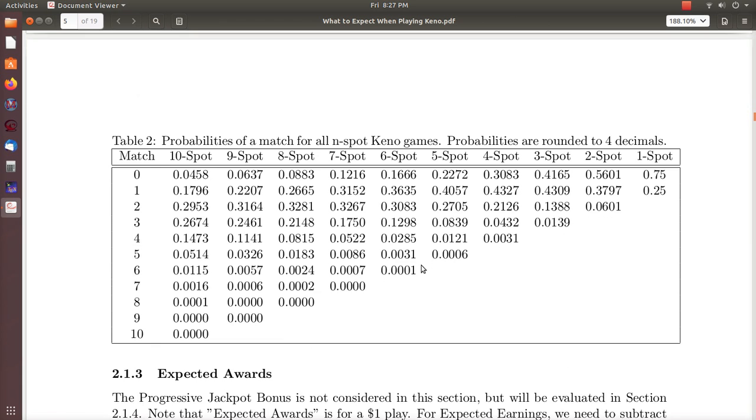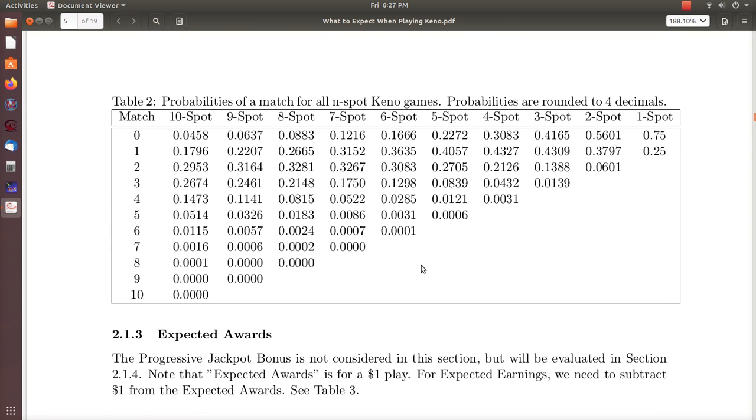And then also I want to briefly mention this table of probabilities that we looked at in part 1, which are the probabilities of a match out of an n-spot game that you play. Now I want to point out just one. I'll pick an easy one. So the probability that we match one number in a 10-spot game is 0.1796.